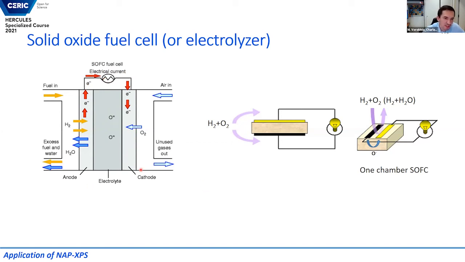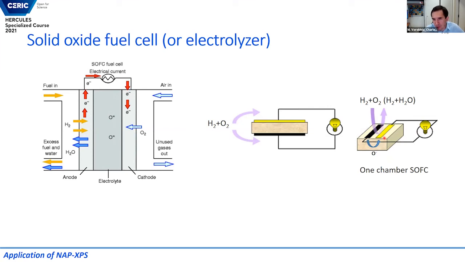What is interesting is that you can have a standard configuration, where hydrogen and oxygen are supplied on two different sides. However, you can build one-chamber SOFCs, as they are called. You can have two electrodes on one support, and this support is actually the electrolyte. Depending on which type of catalyst you have, two different reactions would happen here.